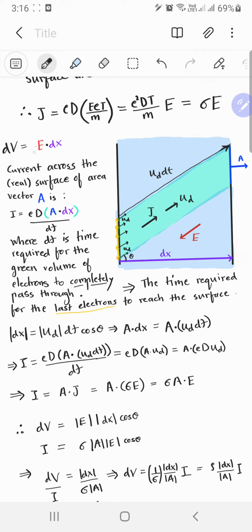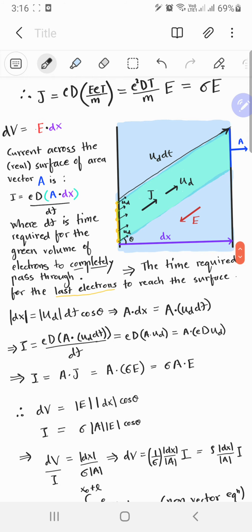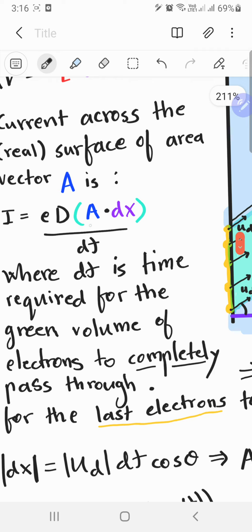So dV, which is the difference in the potentials of these two surfaces, is E dot dx. That's also well known. So the current across the real surface of area vector A, it's an area vector, not just the area. The current across A is E into capital D into capital A dot dx.